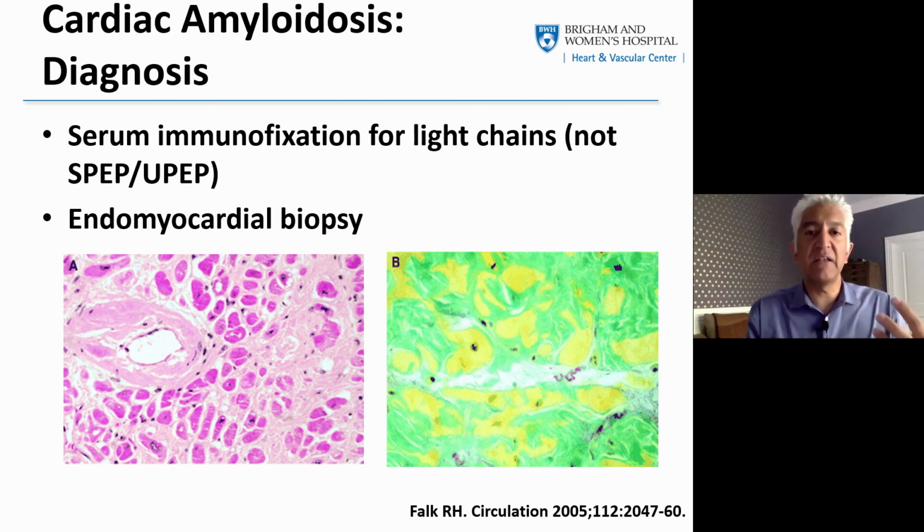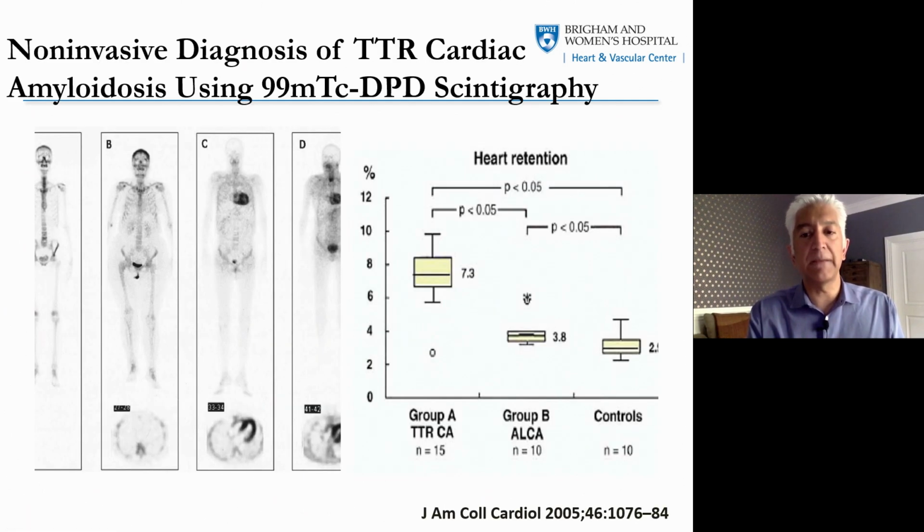Amyloidosis is defined pathologically by confirmation of either light chains or evidence of the characteristic apple-green birefringence on endomyocardial biopsy, and this is an example of that on histologic H&E, and then the birefringence on staining.